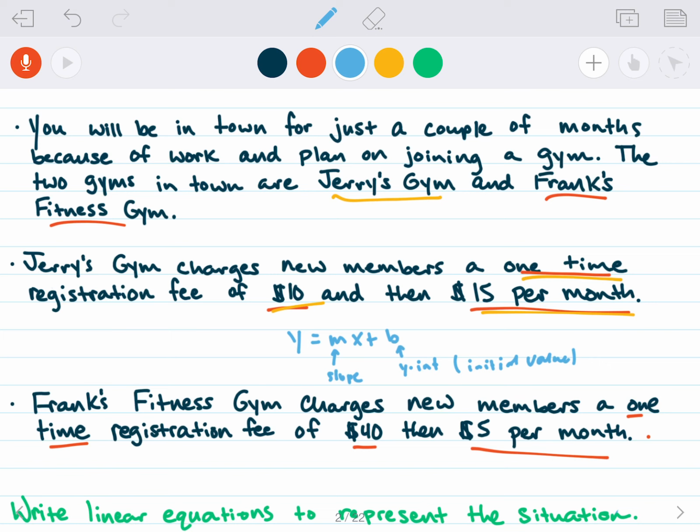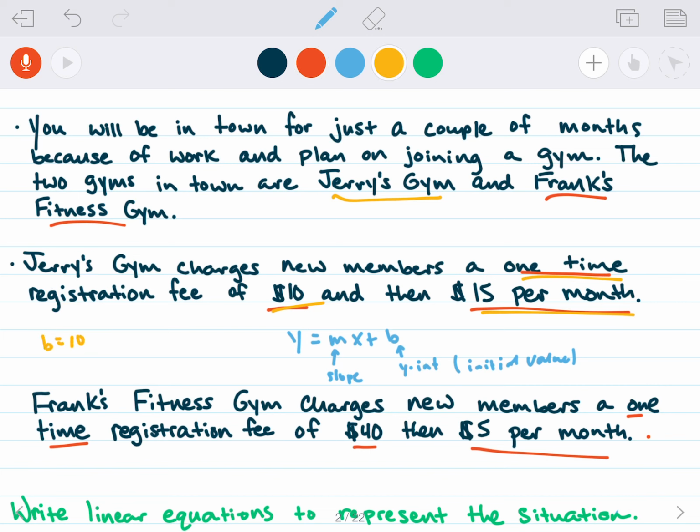So let's look at Jerry's gym. Jerry's gym is charging a one-time registration fee, which means that the initial value is $10, because if you stay for 0 months, you're going to have to pay $10, and that's all you'll have to pay. That is my starting value, so $10 is going to be b in this case.